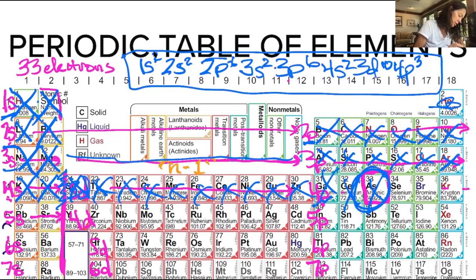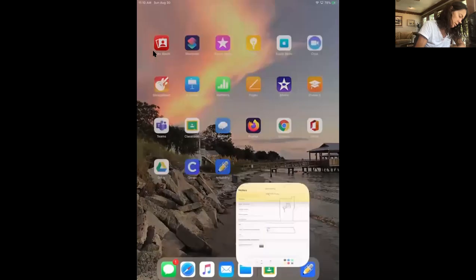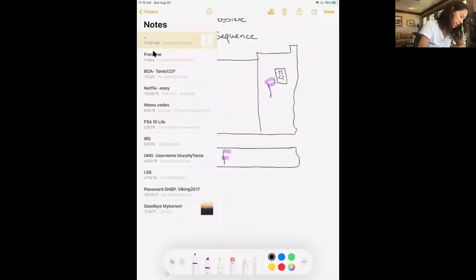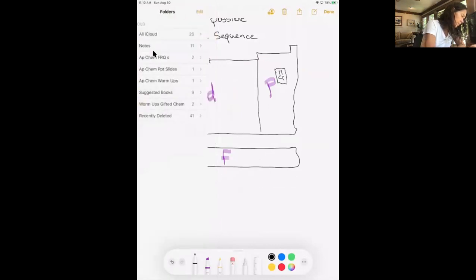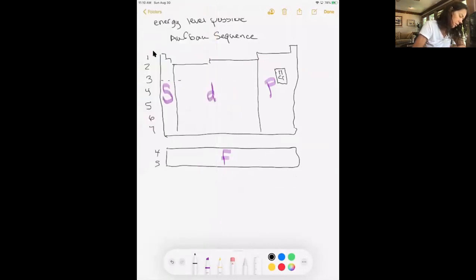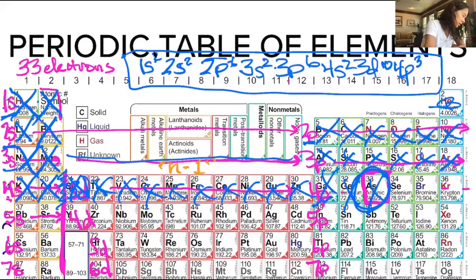I'm going to go back to my note here. All right, let's go back to the periodic table because you need to understand some things, like some of the things I was talking about earlier.